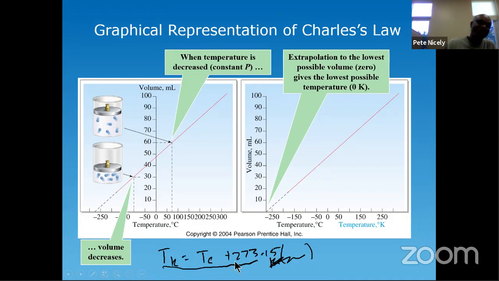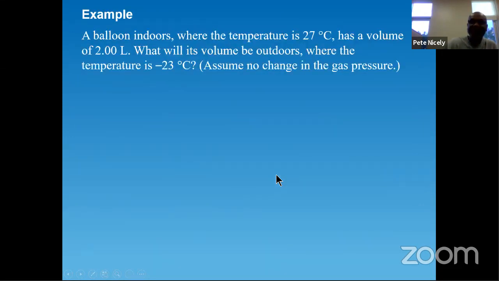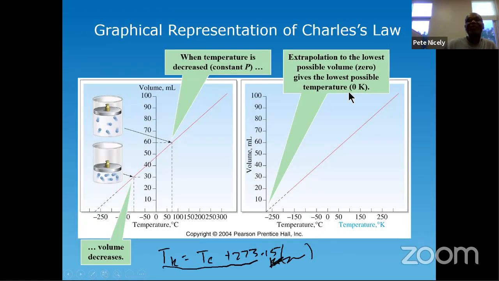So that's basically how you convert from Celsius to Kelvin, and that's how we end up with the Kelvin scale, all right? So as indicated here, where it cuts the x-axis, that would be 0 Kelvin by definition.